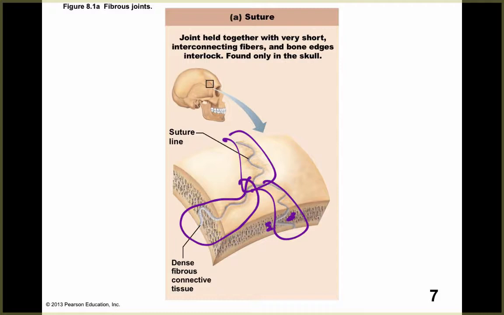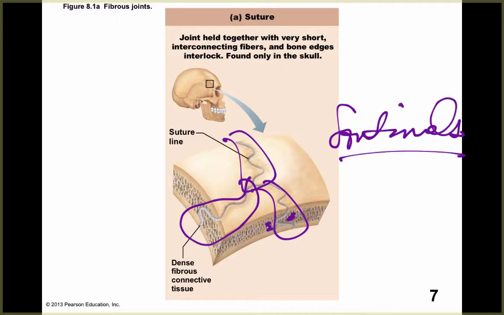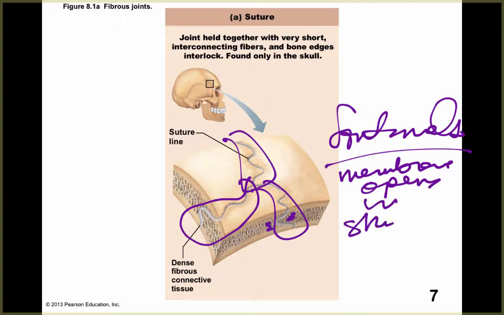Now, where do these sutures come from? What was the only part in that alien baby skull that I made you guys identify? So it's the fontanelles, right? The fontanelles are basically the membrane covering openings in the skull, right? And you find those in the babies or infants, right?